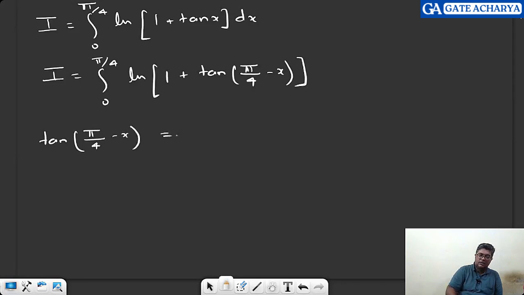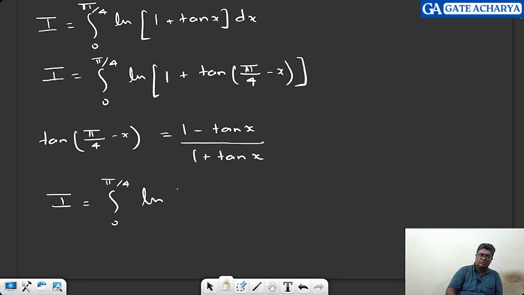It is what? 1 minus tan x divided by 1 plus tan x. So I is equal to the integral from 0 to pi by 4 of log of 1 plus (1 minus tan x divided by 1 plus tan x).